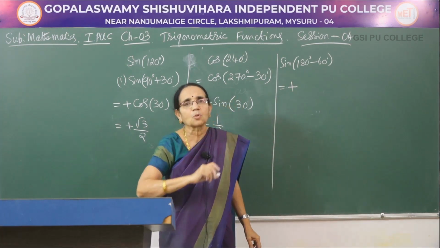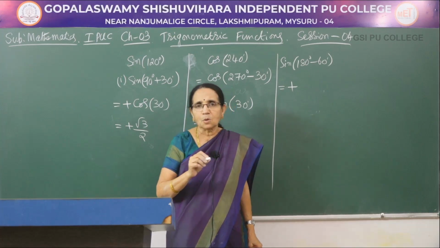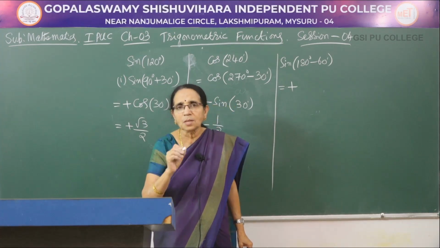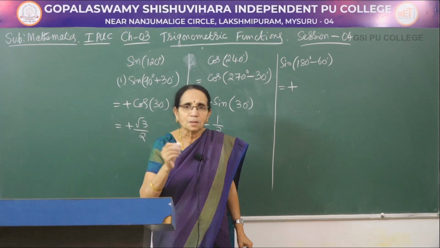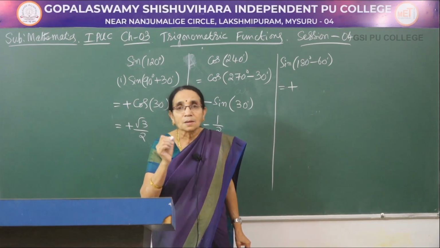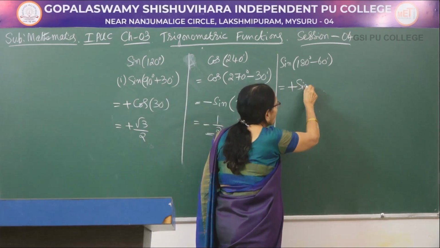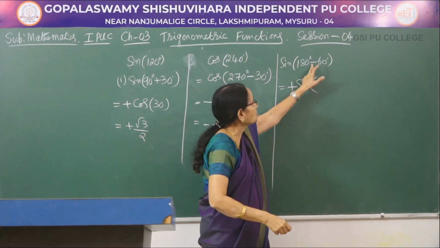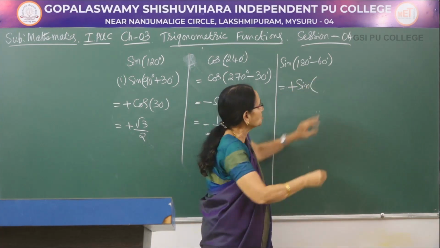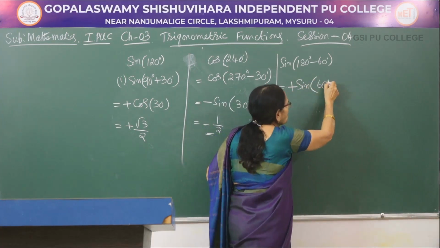I am following the second rule here. According to the second rule, if the angle is expressed as 180 plus or minus theta or 360 plus or minus theta, the same trigonometric function remains the same. That means sine should be written as sine only. And do not write minus 60, take only this value, it is 60.